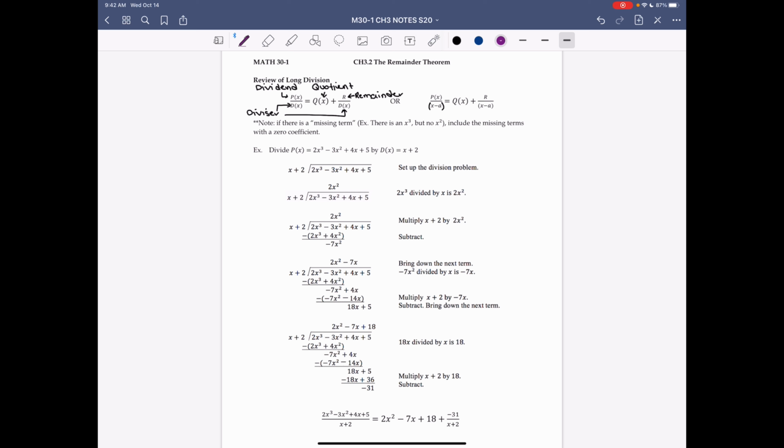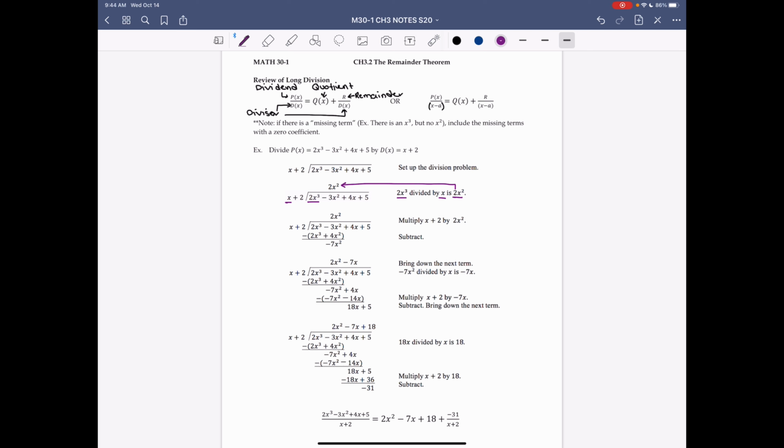Next, we look at the first term in the dividend, which is 2x to the power of 3, and we divide that by the first term in our divisor, which is x. 2x to the 3 divided by x gives us 2x squared, and then that goes on the top of our division problem.